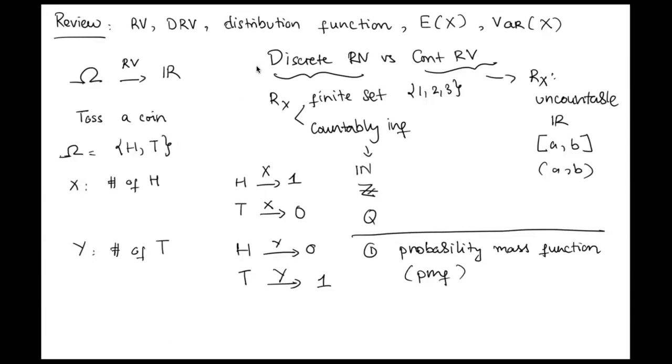It assigns the probability for each value in the range of the random variable. For example, in the experiment of tossing a coin, you have two outcomes, head or tail. And then the range of the random variable X is just 1 and 0. So X can be 1 or 0.